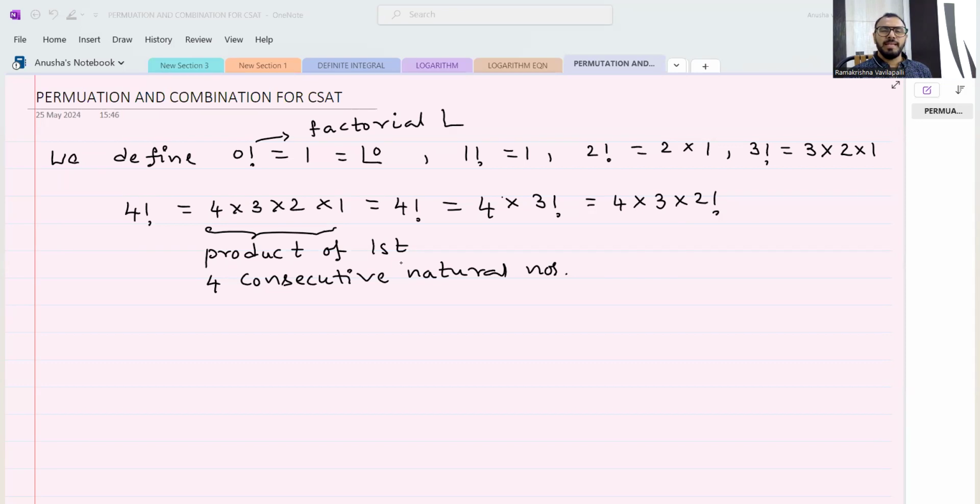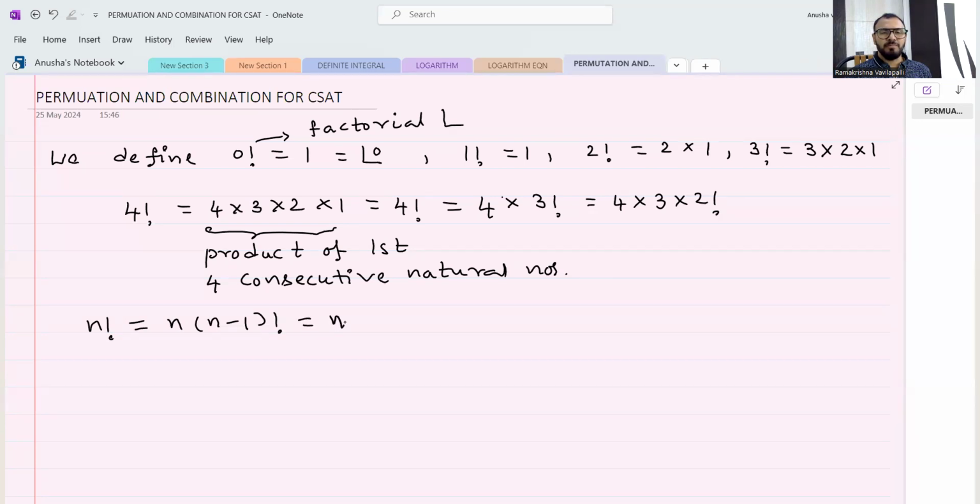In a similar way, we can define n factorial, and so on. N factorial equals n into (n minus 1) factorial. I have stopped at n minus 1 factorial.